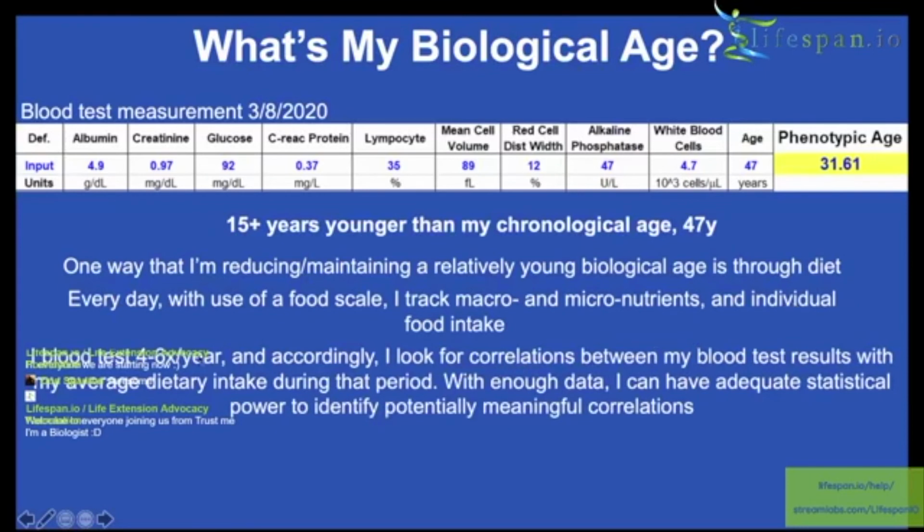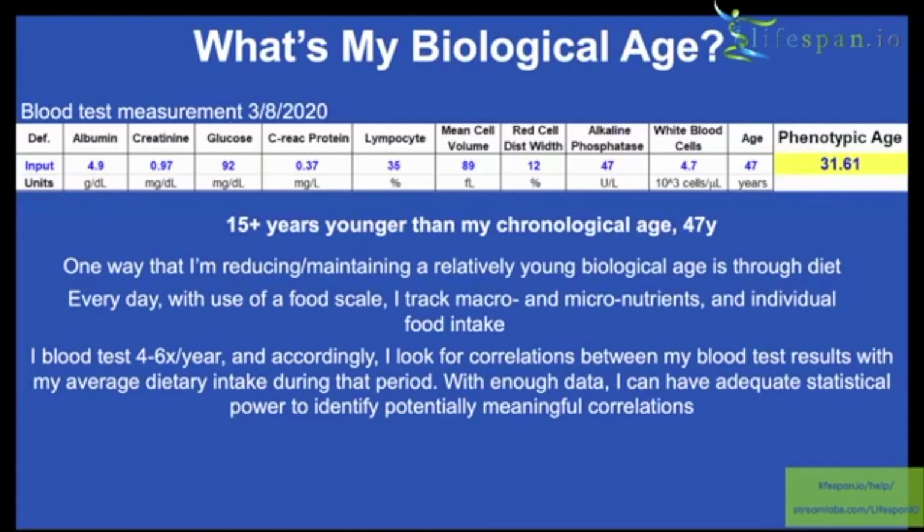So I've been blood testing about 4 to 6 times per year. And because I'm tracking my diet, I can then take the average dietary intake during that period that corresponds to the blood test, and that's one data point. So with enough data points, I can have enough statistical power to identify potentially meaningful correlations between stuff in my diet and my blood tests.